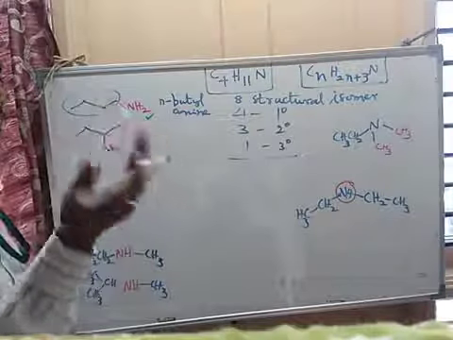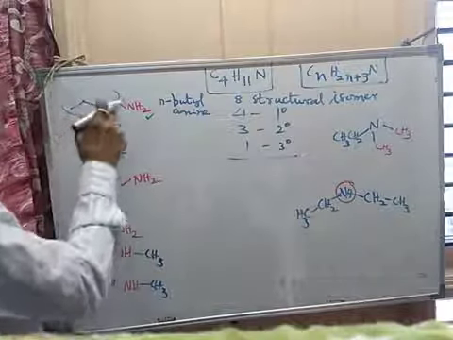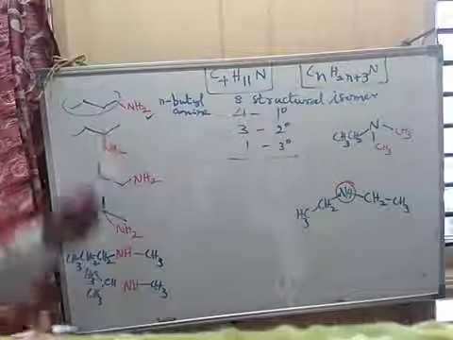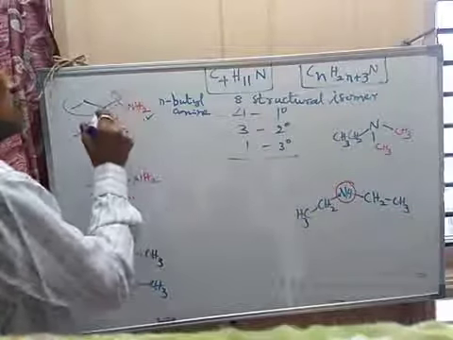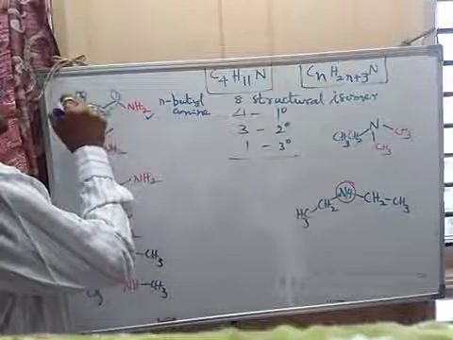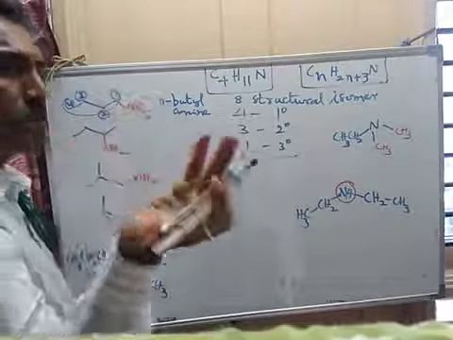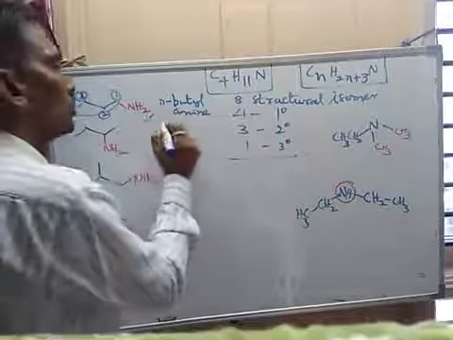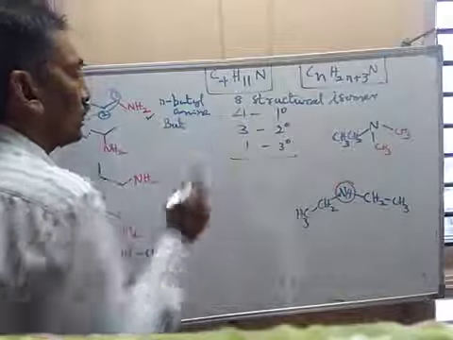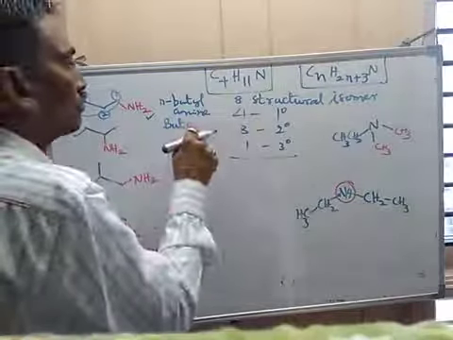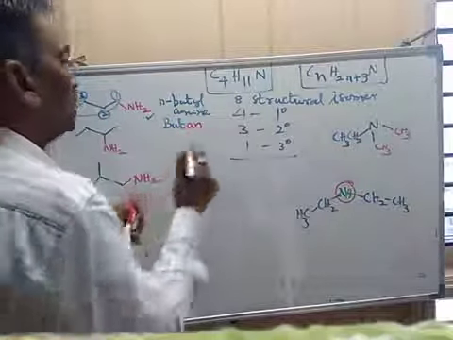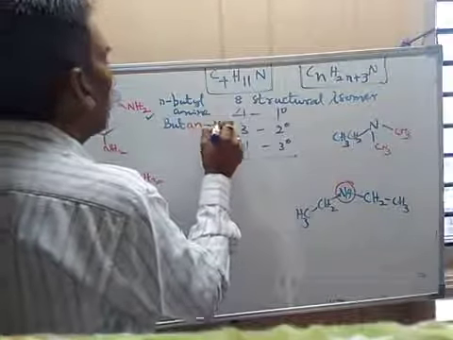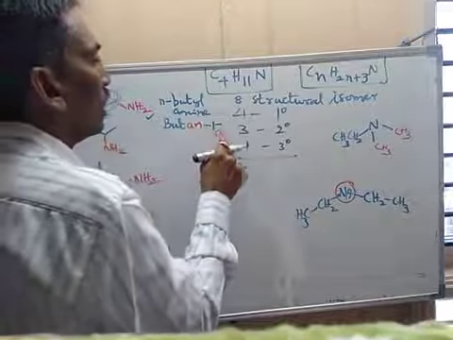NH2 is present on which carbon of the parent chain? 1, 2, 3, fourth carbon, or 1, 2, 3, 4, first carbon from both ends. 1 carbon is correct. This is the way of numbering the parent chain. After numbering, in your mind, no need to mention on the board, only for understanding purposes. So it is butane, single bond AN, and this is amine at which position? Amine at first position, 1 amine.